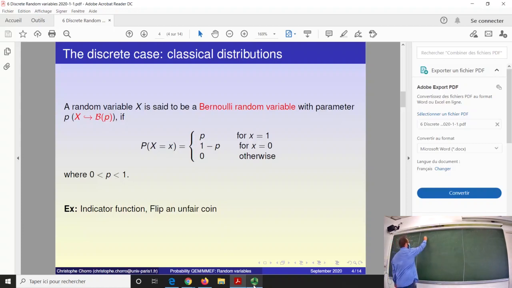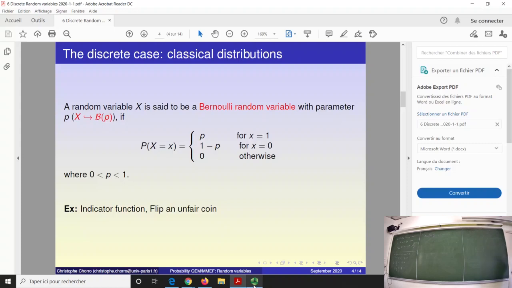Then X follows a Bernoulli of parameter P. So typically here you consider the event to obtain a head as a success. It's what you want to obtain, and you have X that allows you to know if you obtain the head or not, flipping the coin. And of course, if you have a fair coin here, you will have a Bernoulli of parameter 1/2.